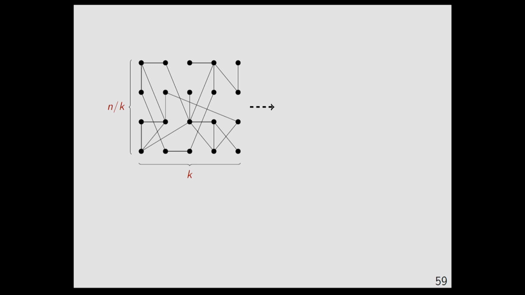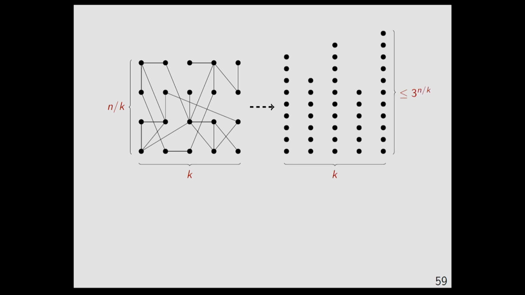Now I make a new graph where for every group of n by k vertices, I enumerate all possible valid partial 3-colorings of these n by k vertices. So how many of them are there? 3 to the power n over k. So there is a vertex for each possible partial coloring of the n by k vertices. Okay, so that's the construction.